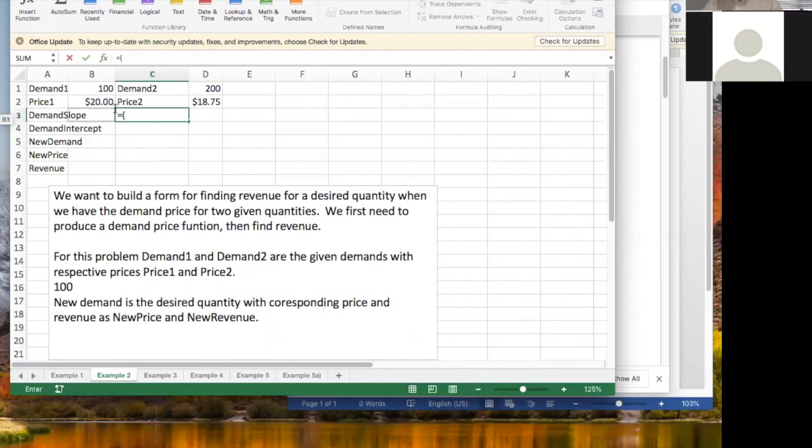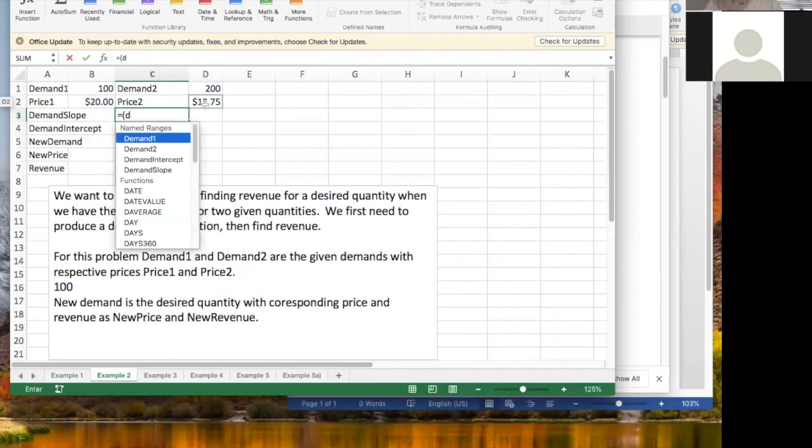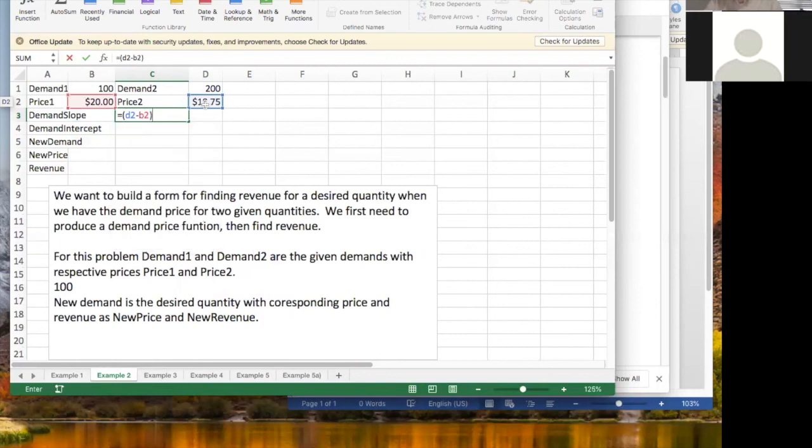So I'm going to do price 2, so equals B2 minus B1 divided by D1, oops, I need to have parentheses there, D2 minus D1, and that's going to give me the demand slope.